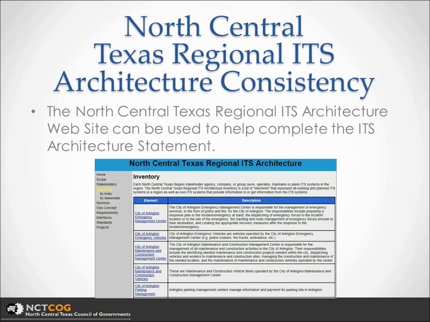A resource that stakeholders can use in completing the Architecture Consistency Statement is the North Central Texas Regional ITS Architecture website, which can be found on the North Central Texas Council of Governments ITS website. The rest of this Part 2 focuses on completing the consistency statement using the architecture website as an aid in completing it.